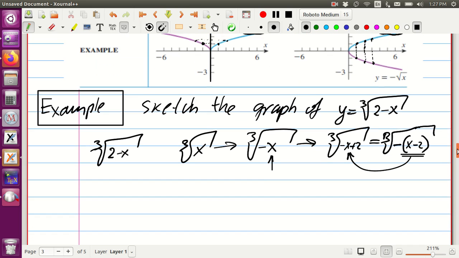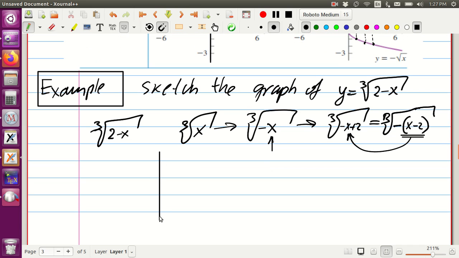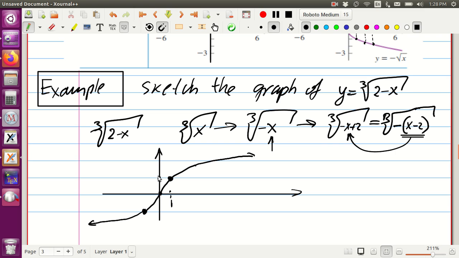All right, so let's try to do that. So cube root of x goes like this. Right, goes like that. All right, so the main important points are here and here, which are 1 and 1, and negative 1 and negative 1.